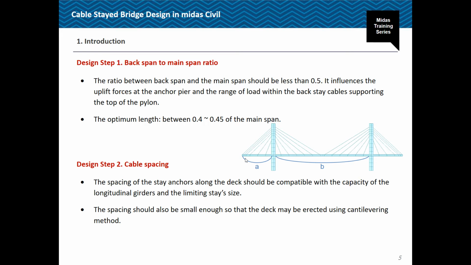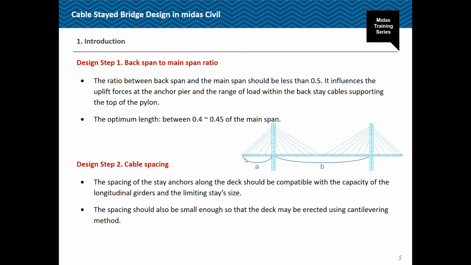The cable spacing can be determined based on the capacity of the longitudinal girders to resist the bending in between the stays, and also the load limit for the stay itself, which means the number of stays will have to be decided in relation to the available size of stays which can be provided and their relative capacity.